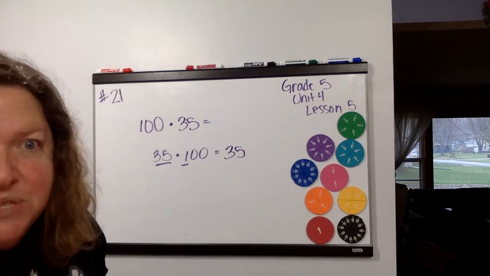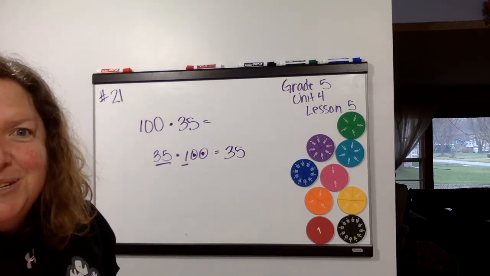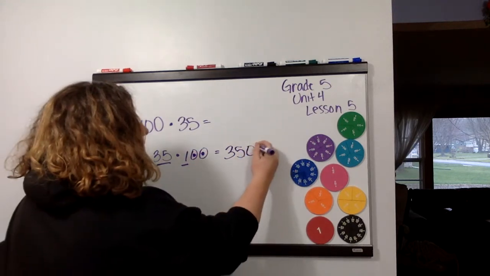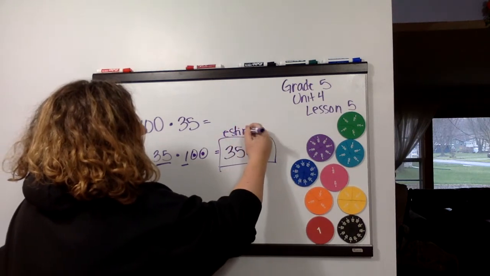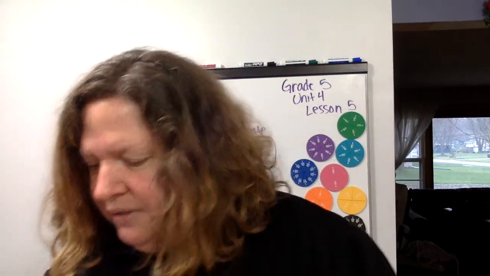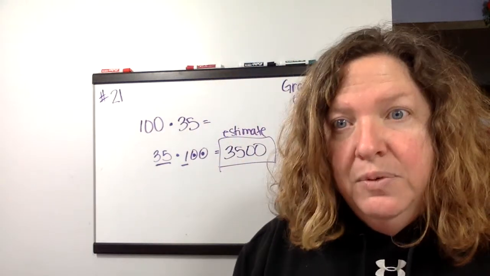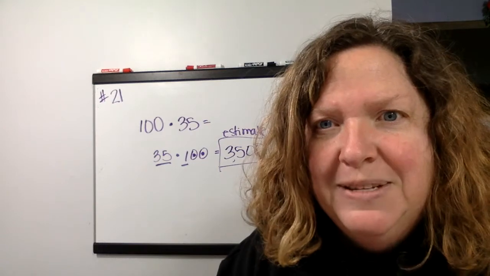And then we've got 2 zeros in the problem, so we need 2 zeros in the answer. So our estimate is that he will have read 3,500 pages by the end of the time.